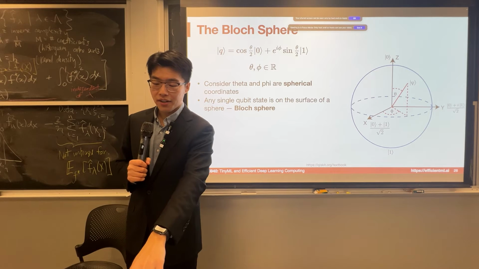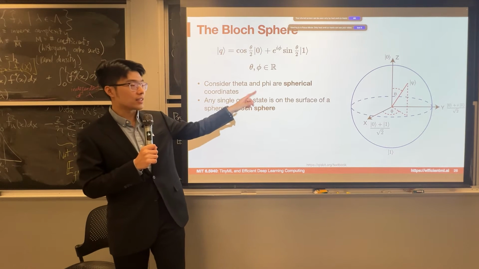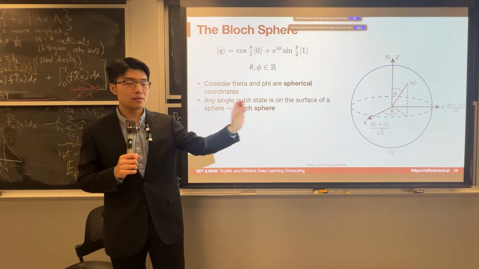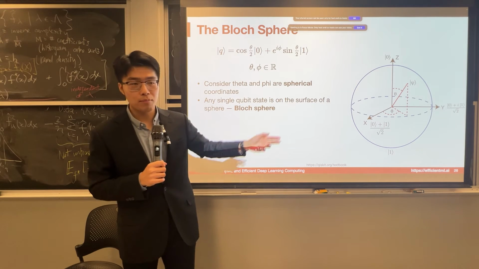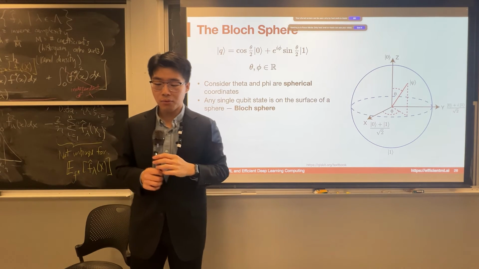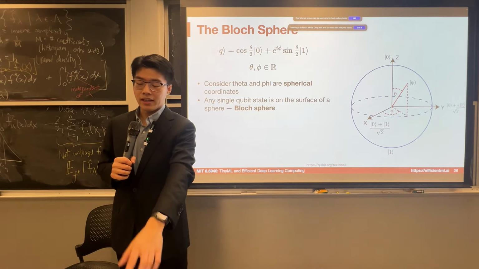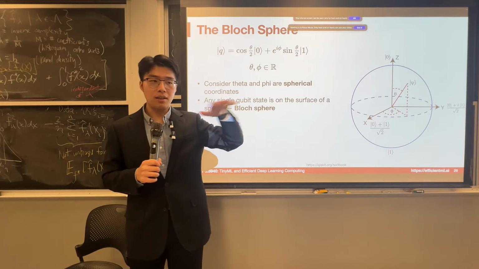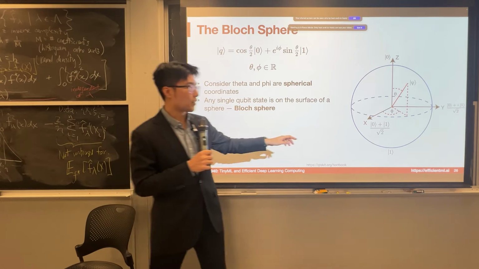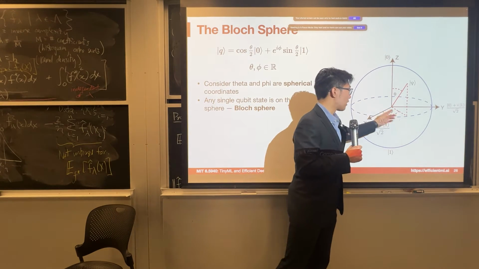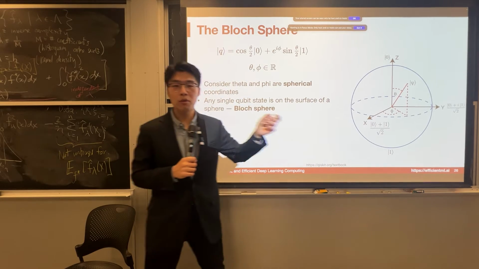The theta here will be the angle between the state and the z basis, which is the top here. And then we also have another angle between the projection of this onto the middle layer and the x basis. So that will be the phi.